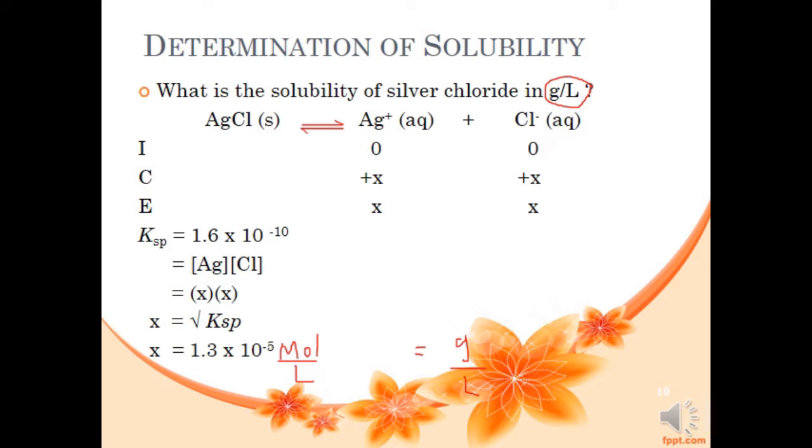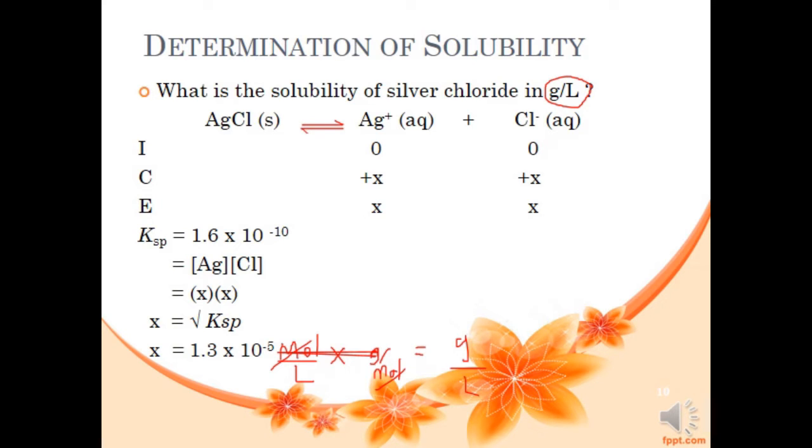What is the unit of molar mass? Molar mass is in grams per mole. So you have to multiply by the molar mass so that you can cancel this and this, leaving you grams per liter.